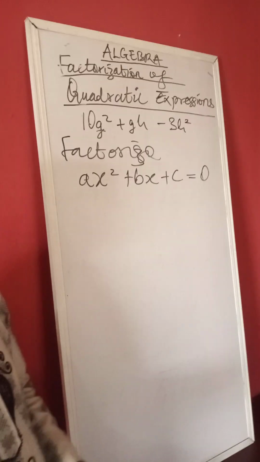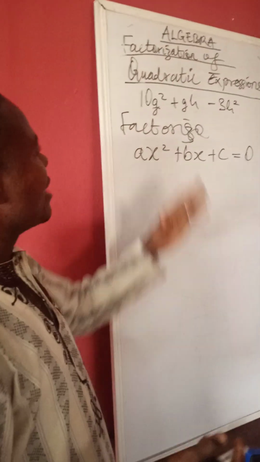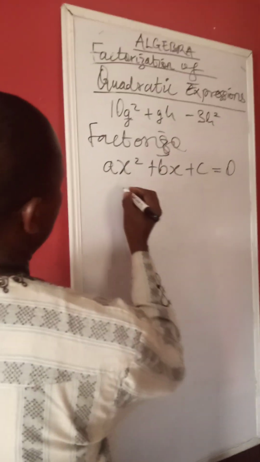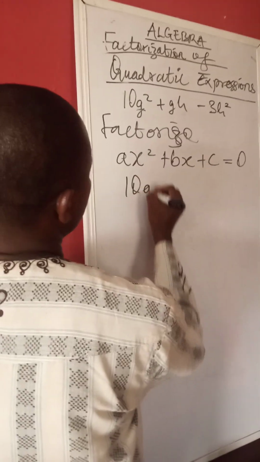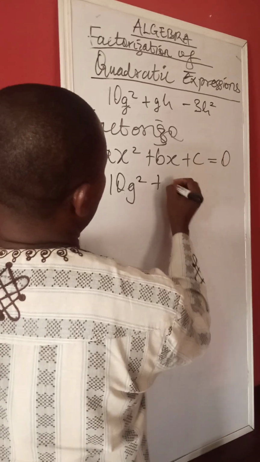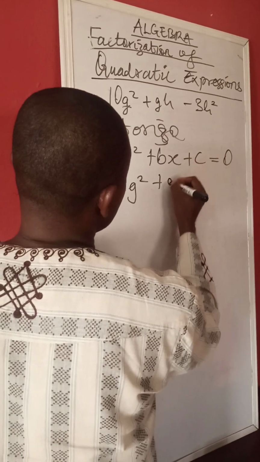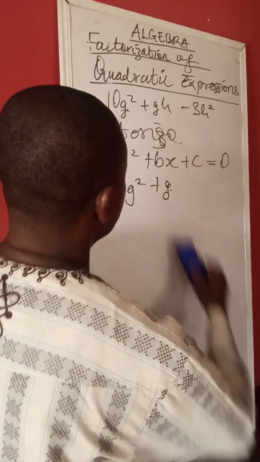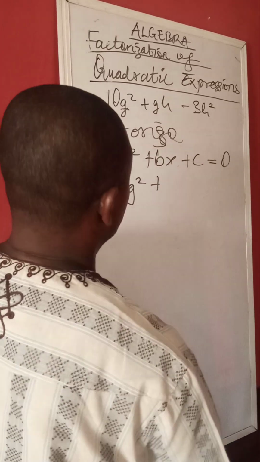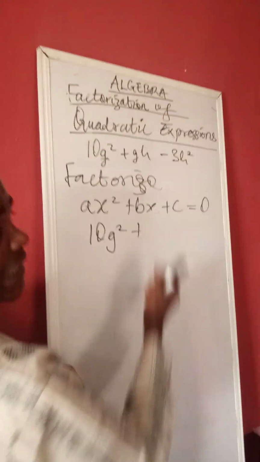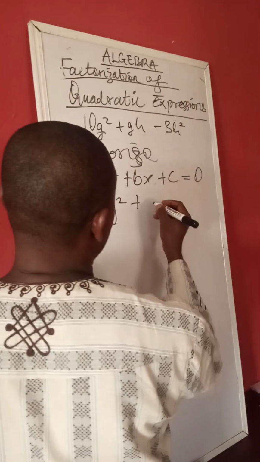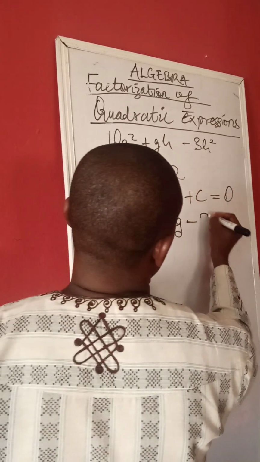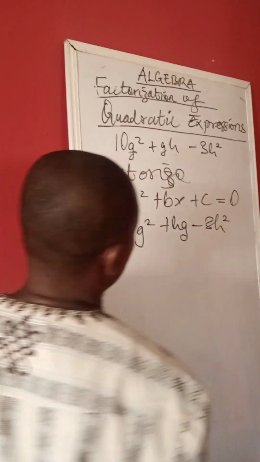Let us change the problem we have into this form. We are quickly going to have 10g squared plus our b will now be g. Sorry, our b will not be g. Our b will actually be h, because it is our g, like I said earlier, that is our variable. So let me have hg minus 3h squared.